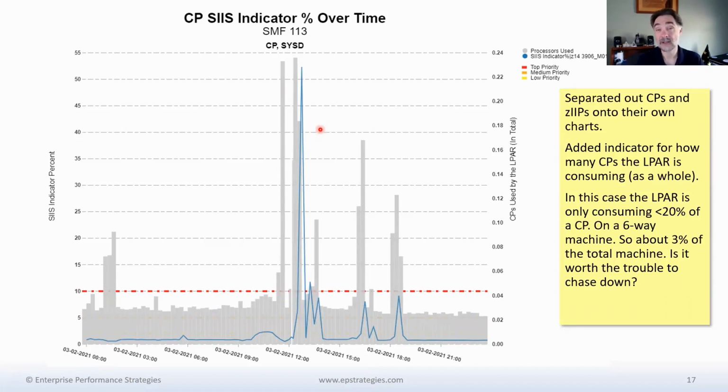Now, if it's something that's regularly happening, maybe I still want to go chase that down because, hey, maybe it's 1% of the capacity of the machine. That might be a plausible number. Getting back 1% is 1%, right? You don't get it back if you don't go find it. But again, if it's something that has just shown up here every now and then and it's not very consistent, then maybe we don't worry about it, right?